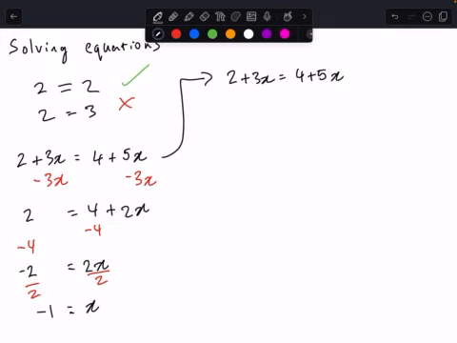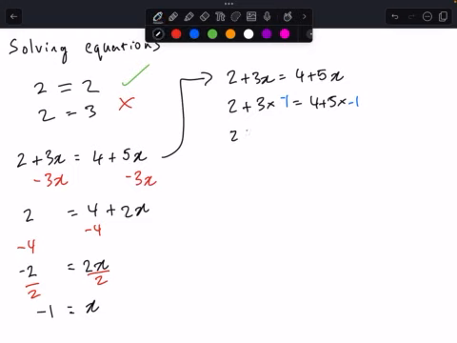And we said that we think that the solution to this equation is when we plug negative 1 in for x. So let's try that. We have 2 plus 3 times, and we said x was negative 1, equals 4 plus 5 times negative 1.